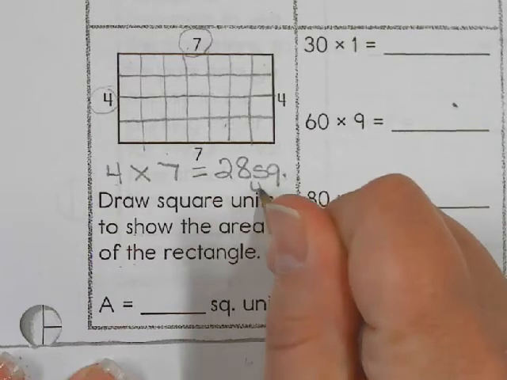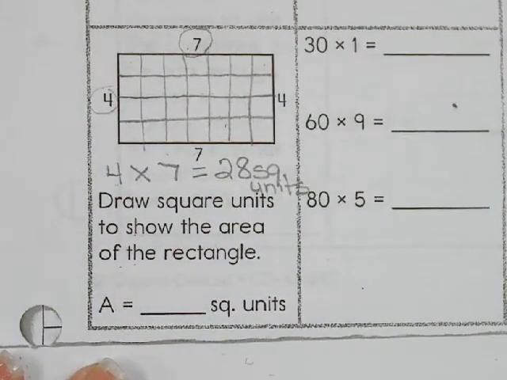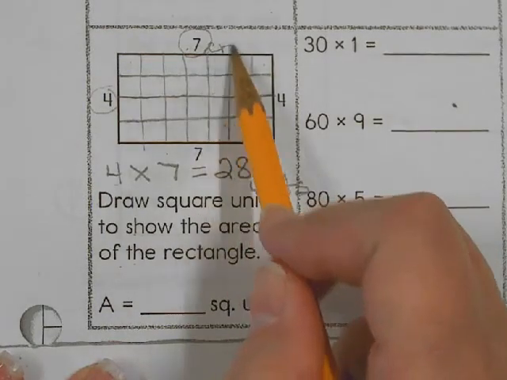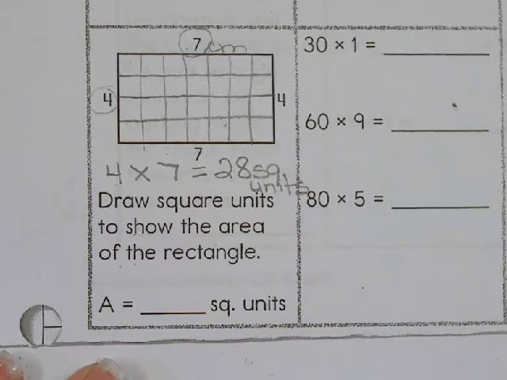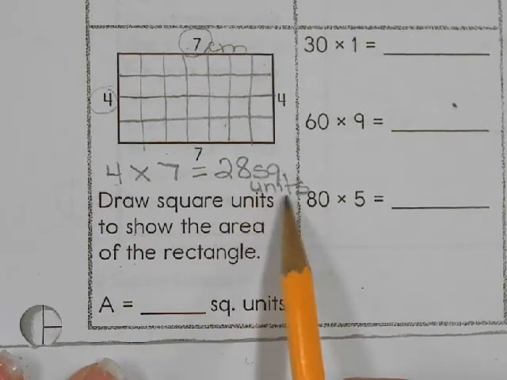And we're going to label these units because we don't know if these are square inches or square centimeters; they don't give us the measurement. Now, if it said cm here, we would know that those are centimeters. If it was in, we would know it would be inches. If it was m, we could say it's meters. But in this case, we don't know, so we're going to say 28 square units.